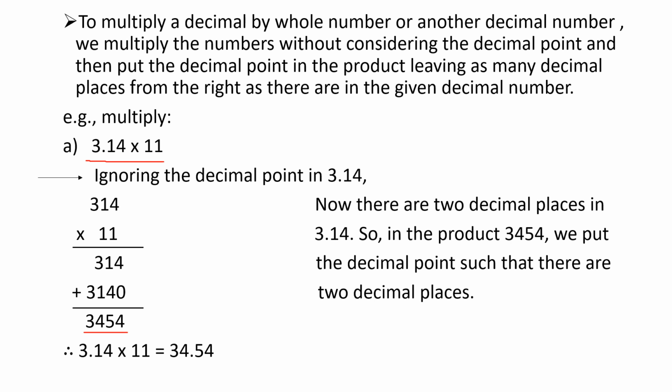So in the product 3454 we put the decimal point such that there are two decimal places. See here, two decimal places are there, right? In 3.14 there are two decimal places. So in our answer also we'll leave two decimal places from right to left, and here we'll put our decimal point, right? So our answer is 34.54.